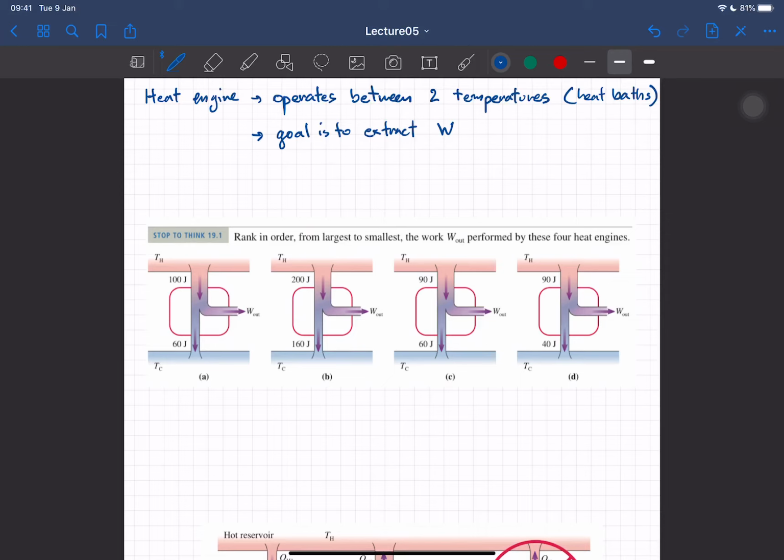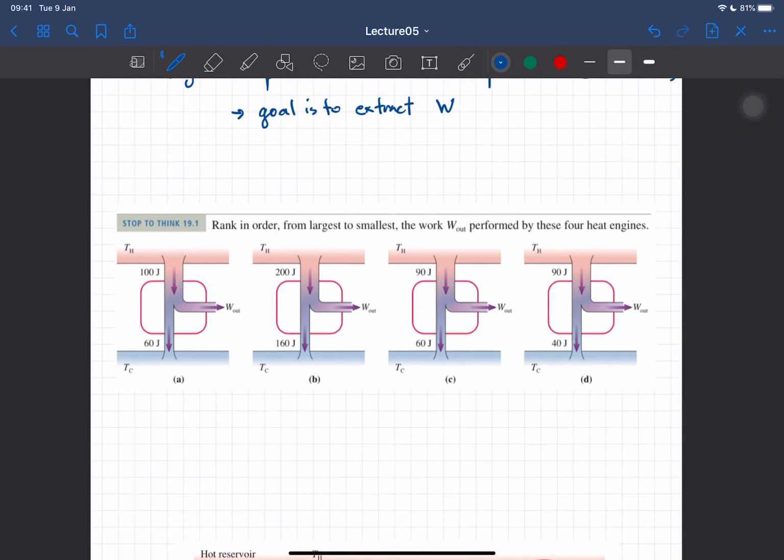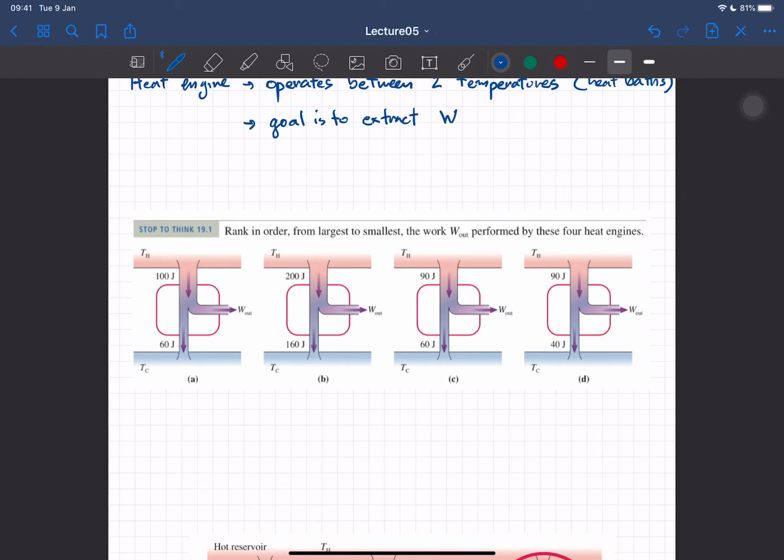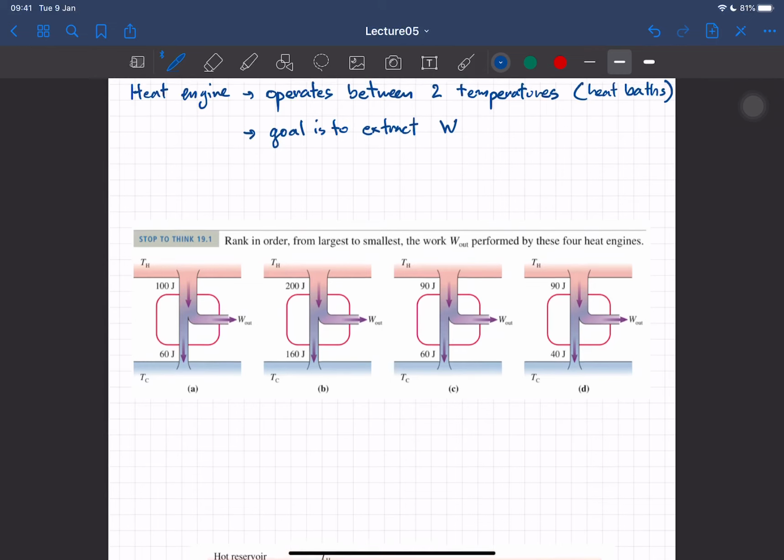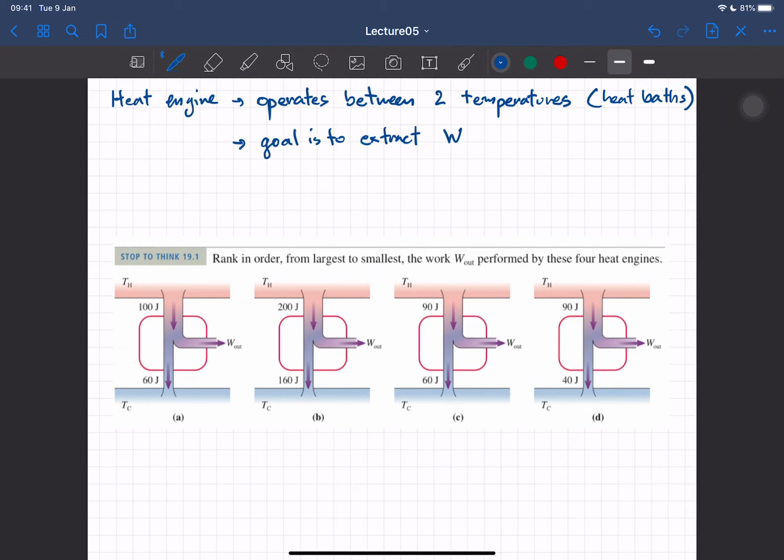And then we can use work to do anything we want, right? To drive a car, to fly an airplane, to generate electricity. Okay, so work is what we want. A typical kind of diagram that you can see in terms of the heat engine can be shown here, right?